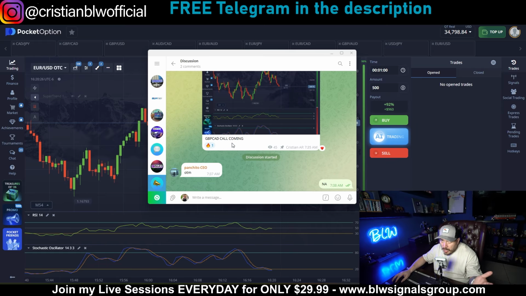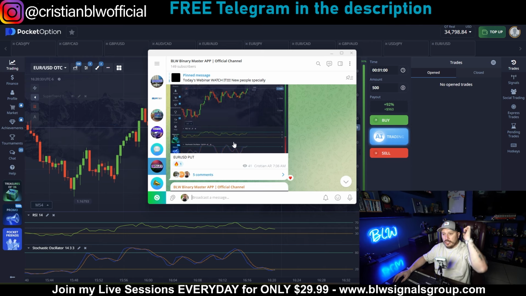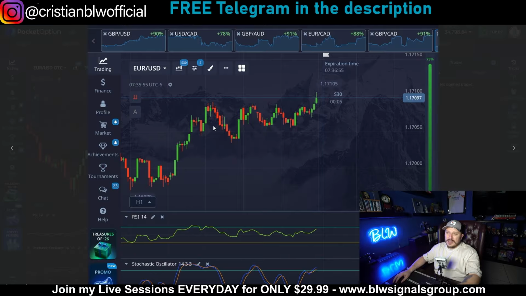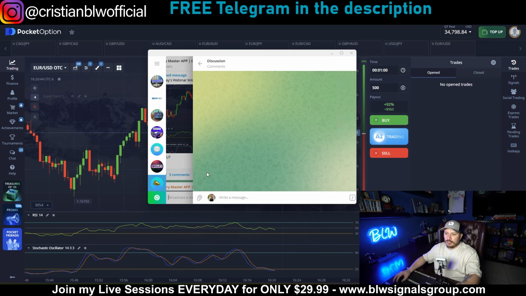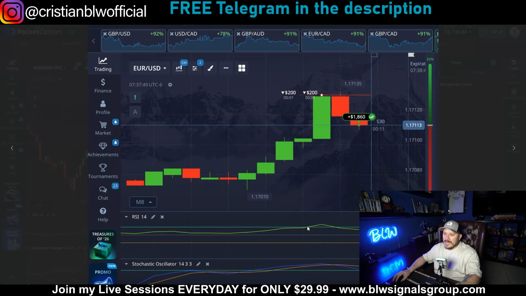Because the RSI level was not reached. Okay, so you got to keep that in mind. As a matter of fact, if you're watching this Ponchito CEO, this is the mistake that you made. Now, Euro USD put, I entered right here, and as you can see, the 70 level is almost being reached, and therefore what you need to do is to enter at the moment that the RSI is reached.